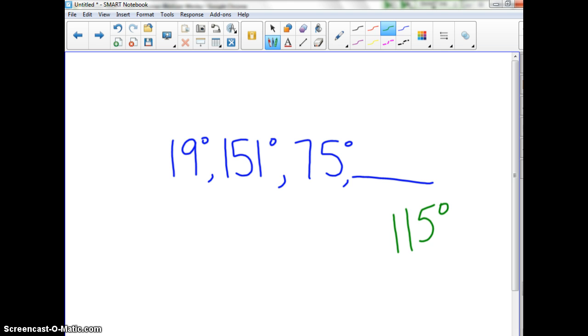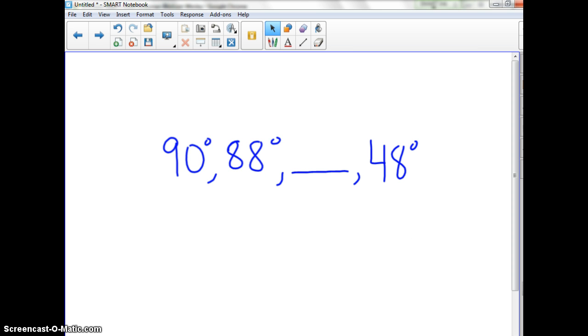Good work. All four of those should equal 360. Find the missing angle. Sarah? 134. Anybody disagree? 134 it is.